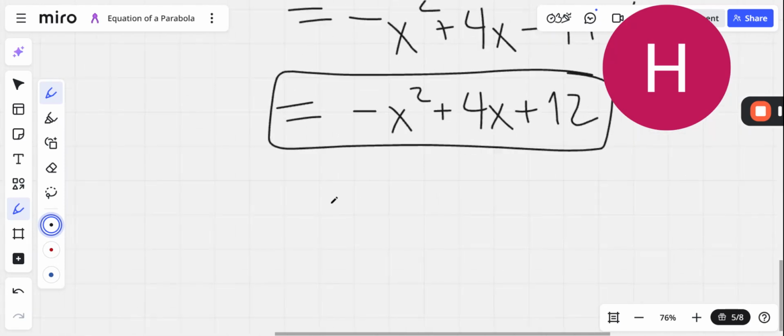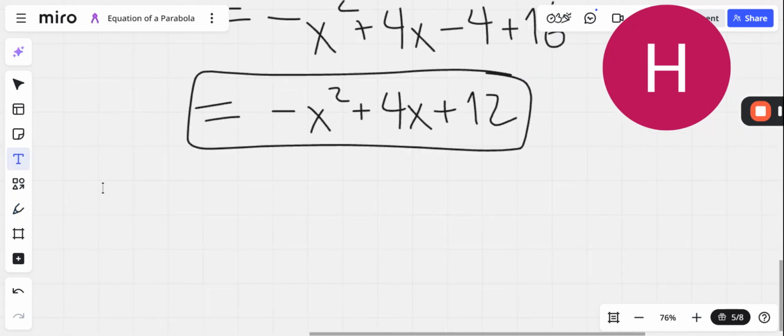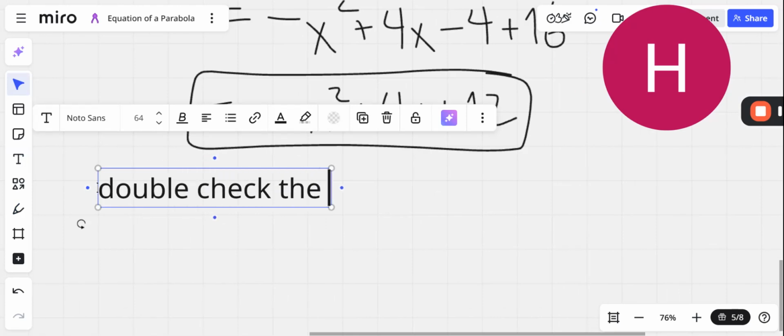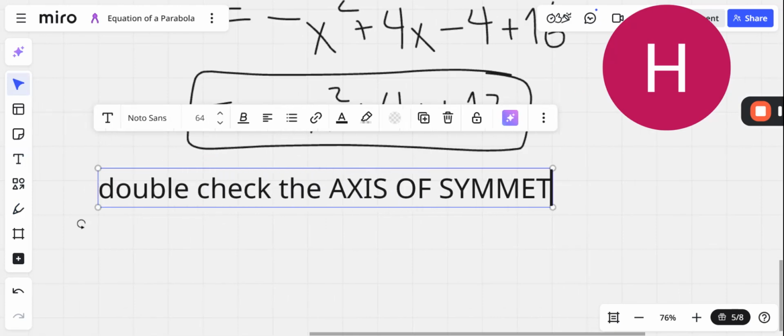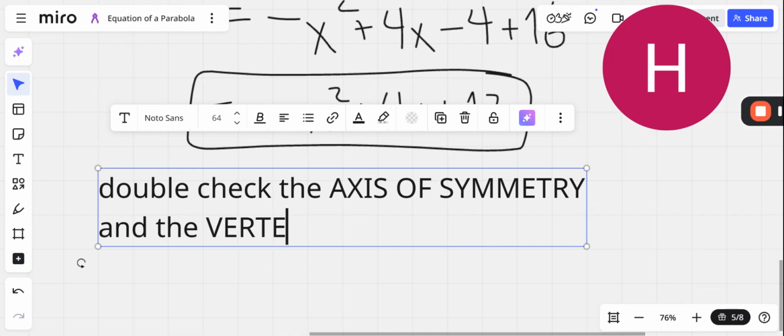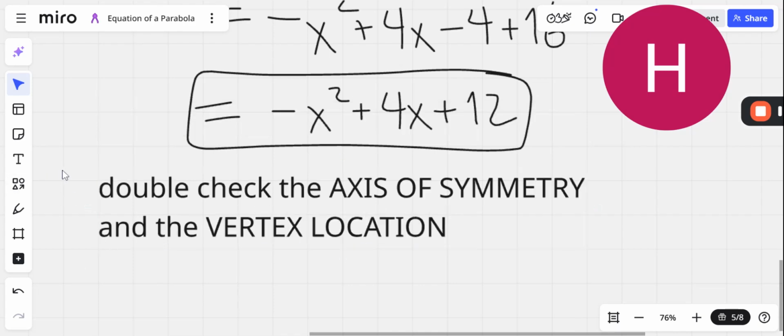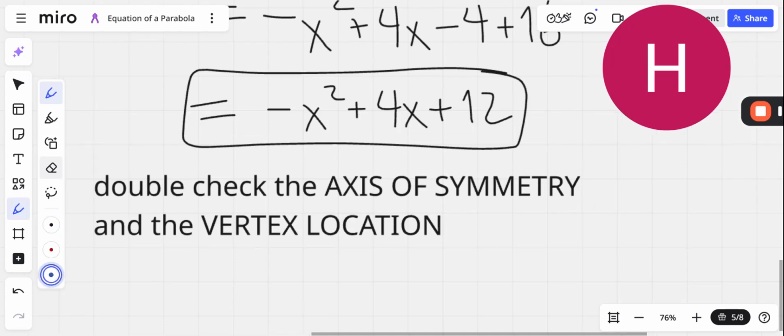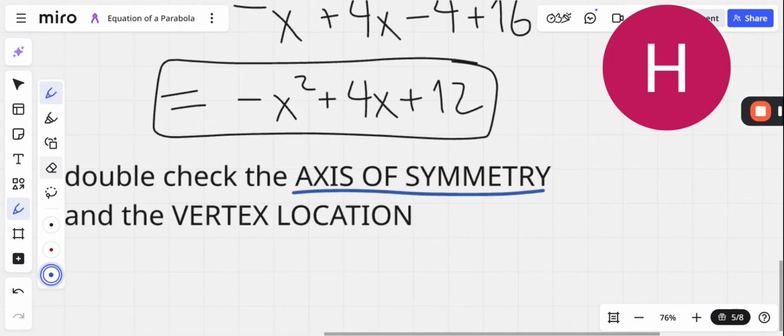Now, let's connect this even further with the axis of symmetry. Let's double check the axis of symmetry and the vertex location. How do we do that? Well, this is a great opportunity to review how to find the axis of symmetry if we have an equation written out. Sometimes they give you the graph and you have to use symmetry to find the middle. Sometimes they give you an equation and you just have to use this nice trick.